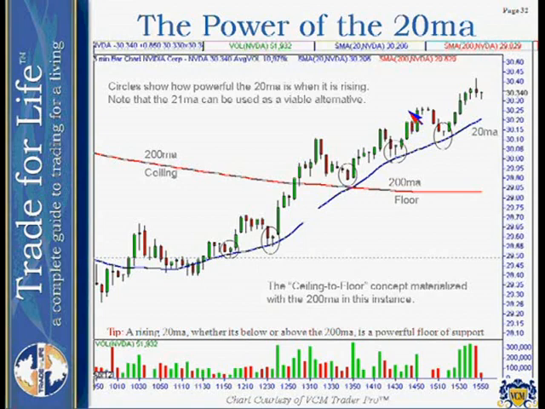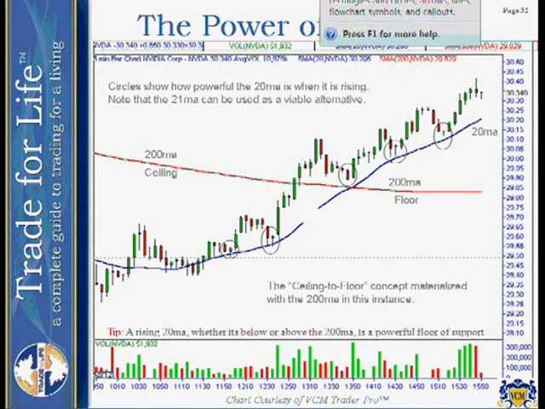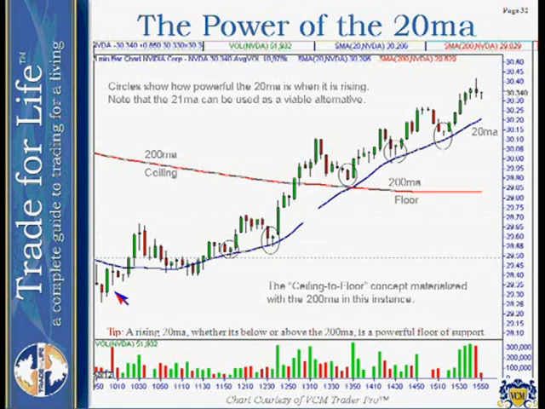Okay? Now, I want to point something out here. Notice that to my left, the stock was under a flat 20. Then it moved over a flat 20. Then it moved marginally under a flat 20. Then it moved over, and then the 20 halted the next attempt to drop.